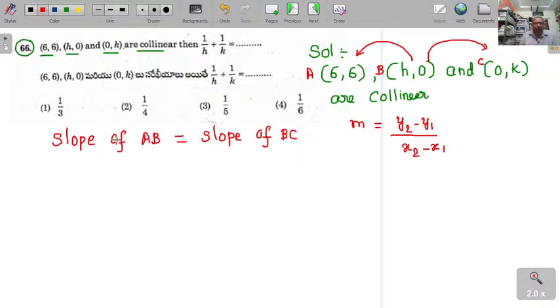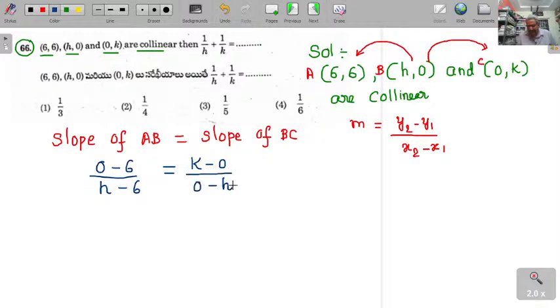Slope of AB is 0 minus 6 divided by h minus 6, equal to slope of BC, that is k minus 0 divided by 0 minus h.